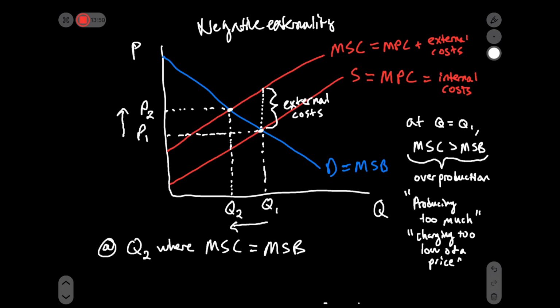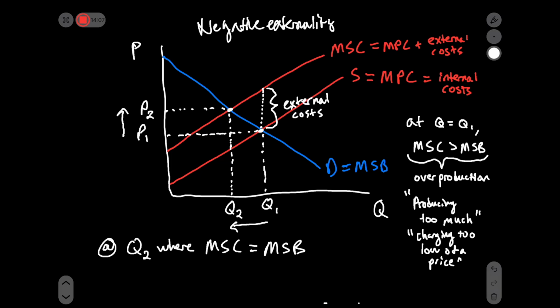The explanation that I give in this case is we're charging too low of a price at P1 because there's some costs that other bystanders end up having to pay associated with the production and consumption of this good.